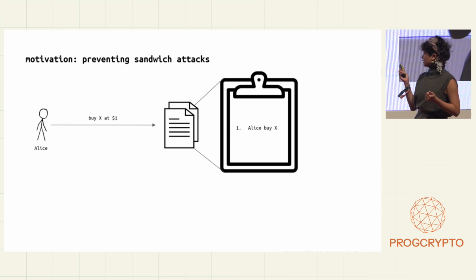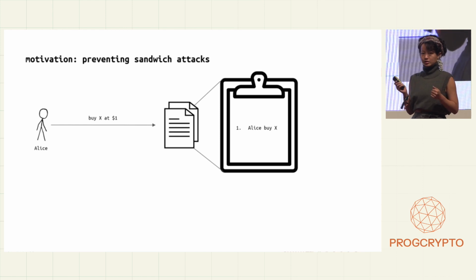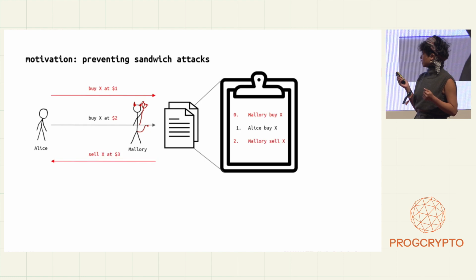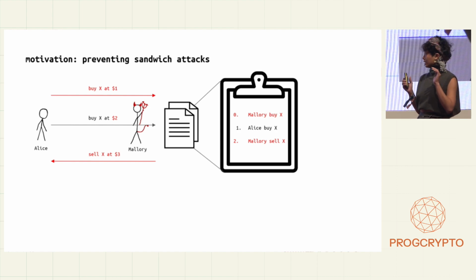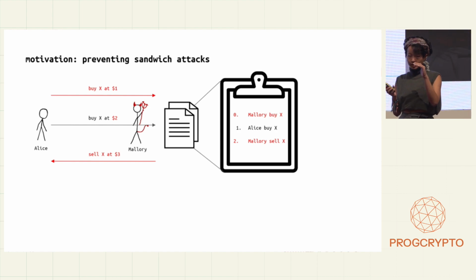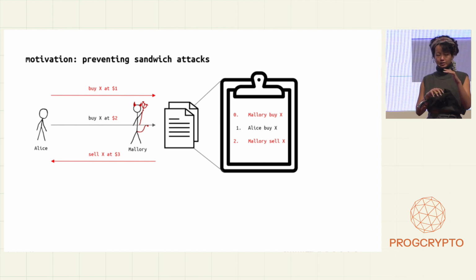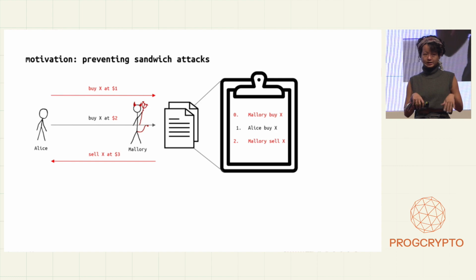So how this can be used to harm the user is through a sandwich attack, whereby the operator of an order book inserts a trade in the other direction right before executing the user's trade and causes the user's trade to execute at a worse price.